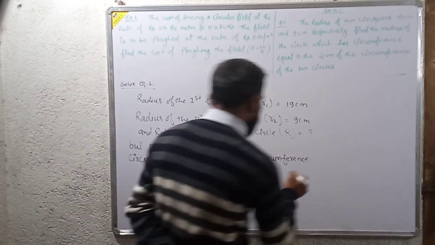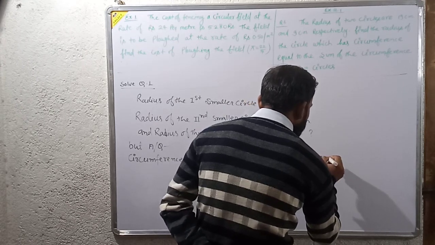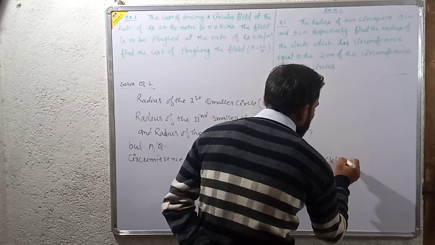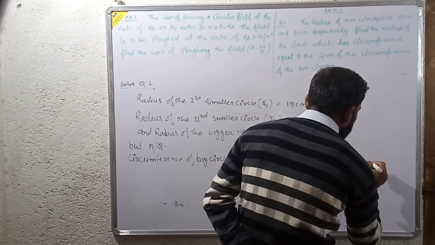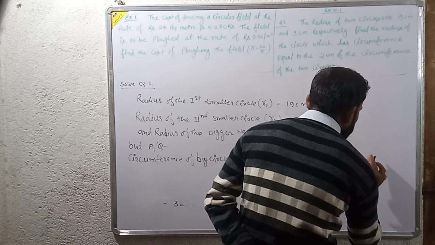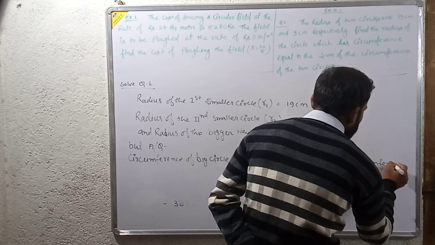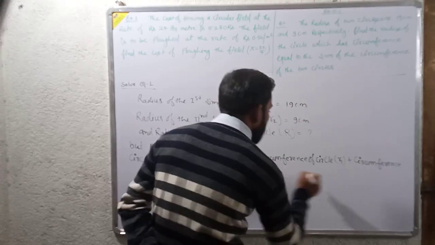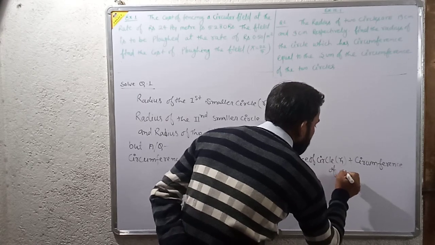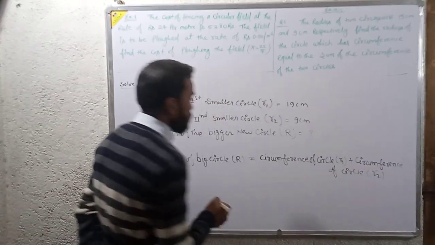the circumference of circle r1 plus the circumference of circle r2.